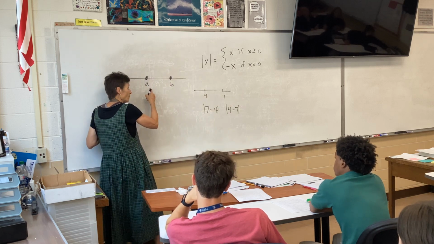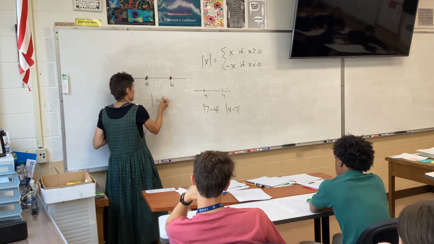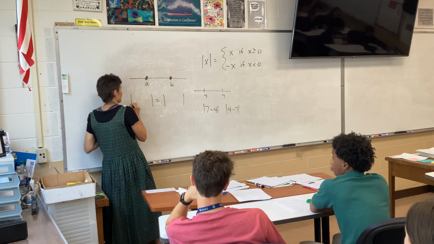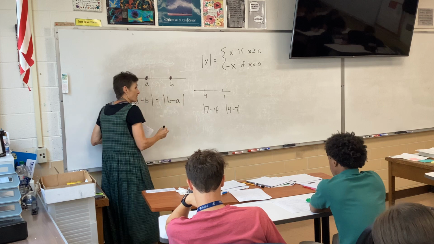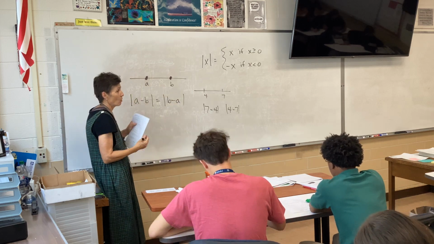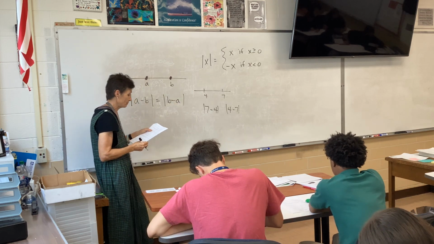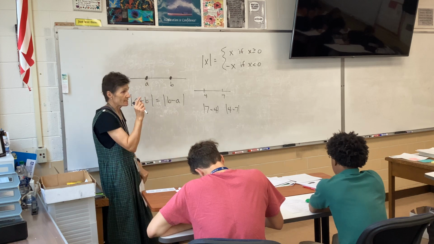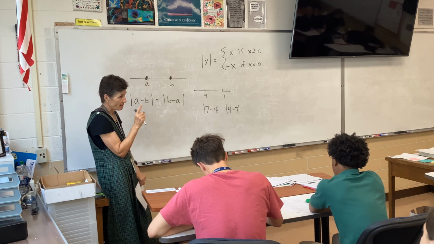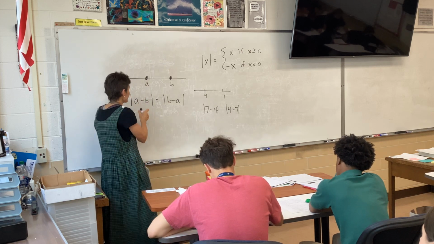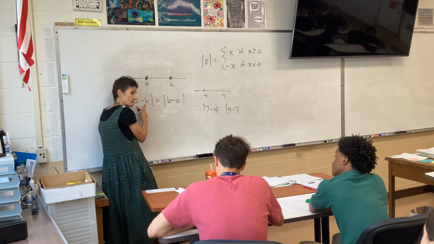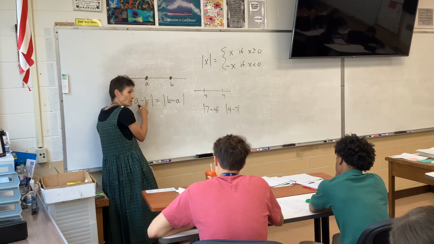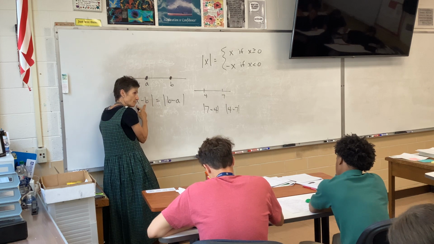So on a number line, the distance between 2 points, subtract them in either order, it doesn't matter, as long as you take the absolute value. So the distance on a number line is the absolute value of the difference. The absolute value of the difference.